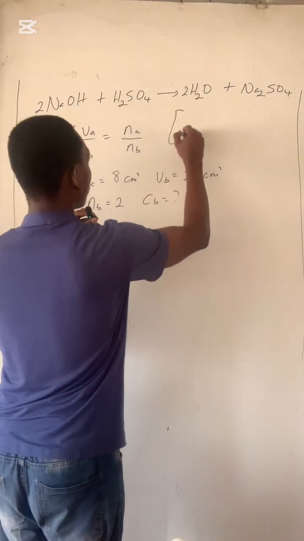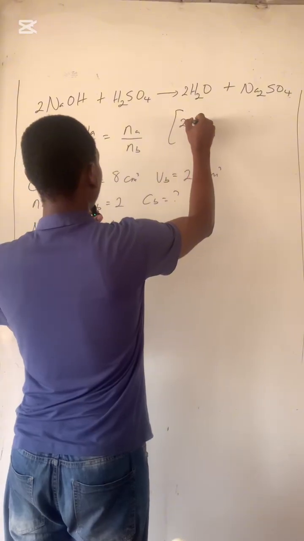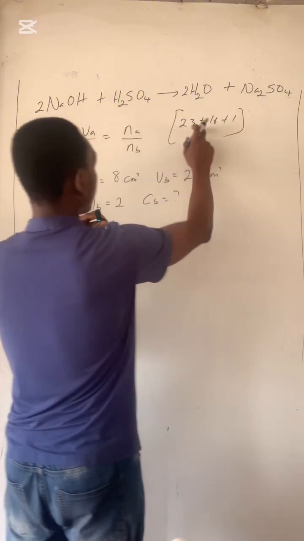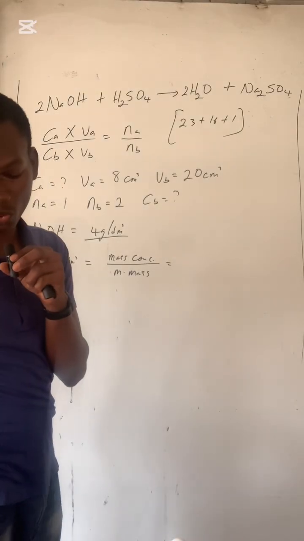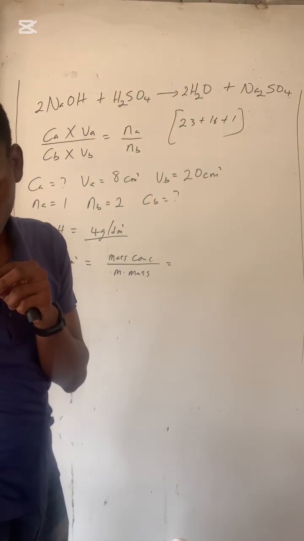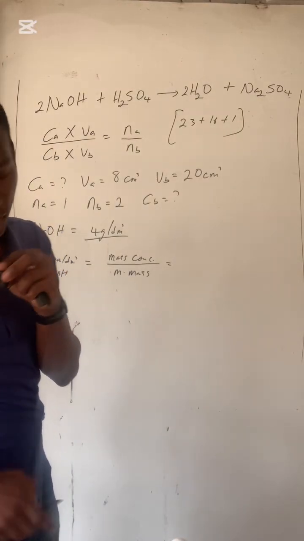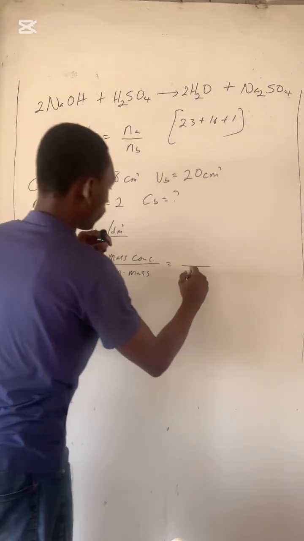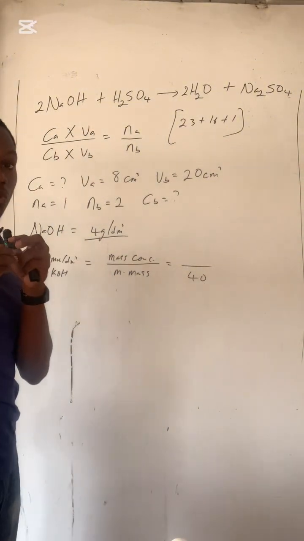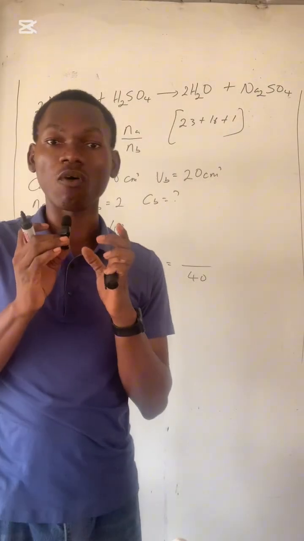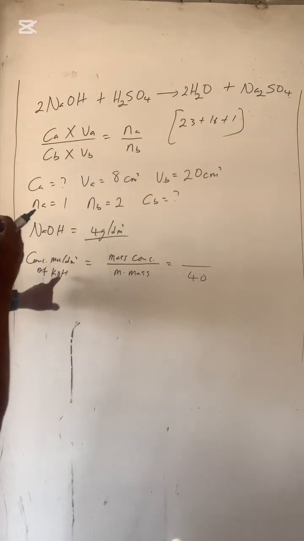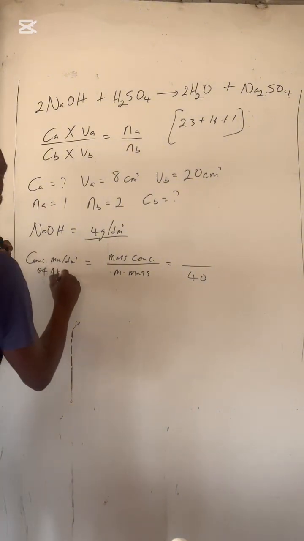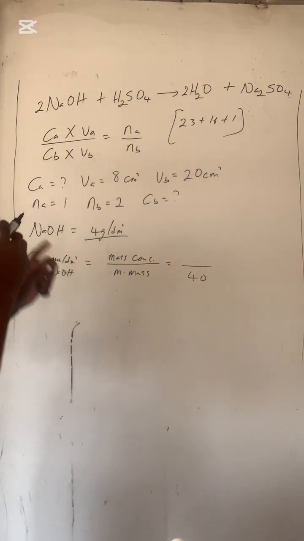Sodium is 23, plus oxygen is 16, plus hydrogen is 1. Let's add up that 23 plus 1 plus 16. That gives us 40. So the molar mass of sodium hydroxide is 40. Hope you know how I got the molar mass. Molar mass is just the sum of all the elements found in the base, sodium hydroxide.